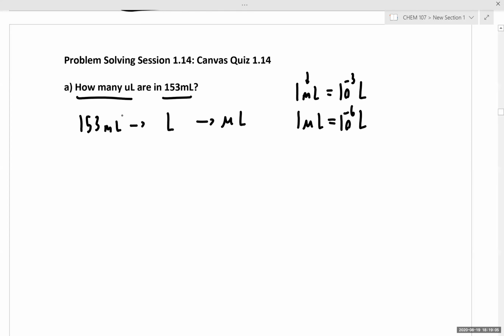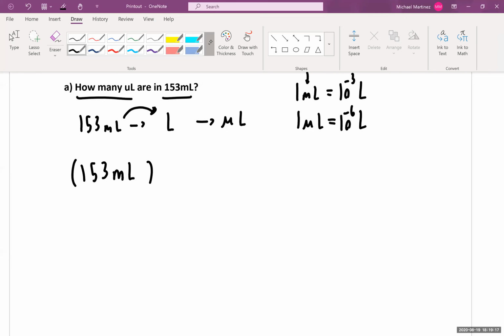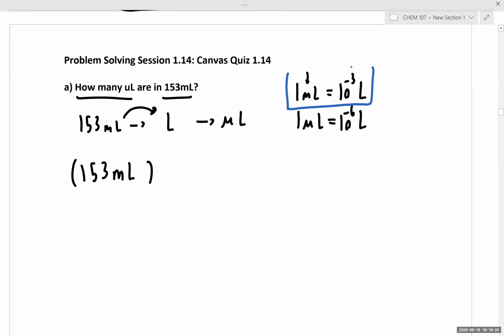So in our first step, we're going from milliliter to liter. If we have 153 milliliters, for our first unit conversion, we find our equality containing milliliters and liters. What unit goes on top in our first conversion? What are we trying to convert to? Liter. So we have 10 to the -3rd liter. And what are we going from?